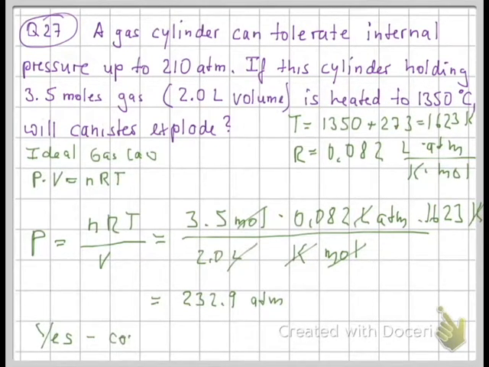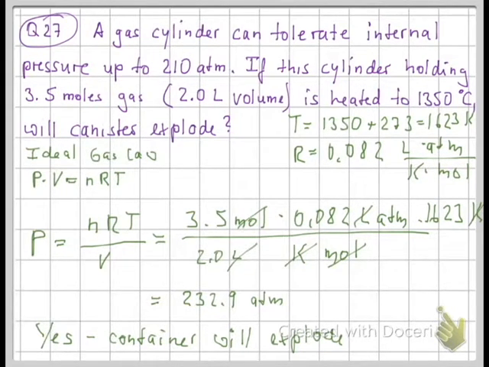Container will go kaboom. Explode. So that was question 27.